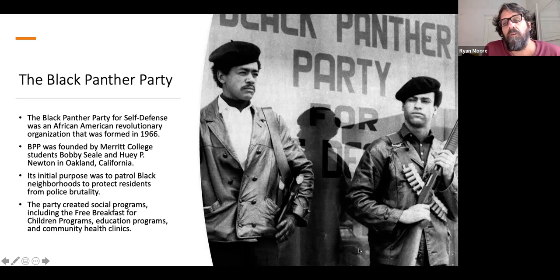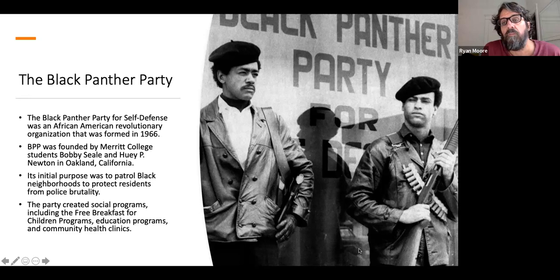And the initial purpose of the Black Panther Party was basically to patrol the Black neighborhoods in Oakland and look to see when police had pulled somebody over or were doing something. And the Black Panthers would basically protect people, residents, from police brutality.